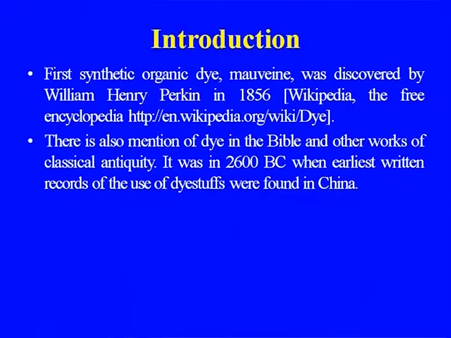So, this was the original route of getting dye. The first synthetic organic dye, Mauve, was discovered by William Henry Perkin in 1856. There is also mention of dye in the Bible and other works of classical antiquity. The earliest written records of the use of dyestuff were found in China.